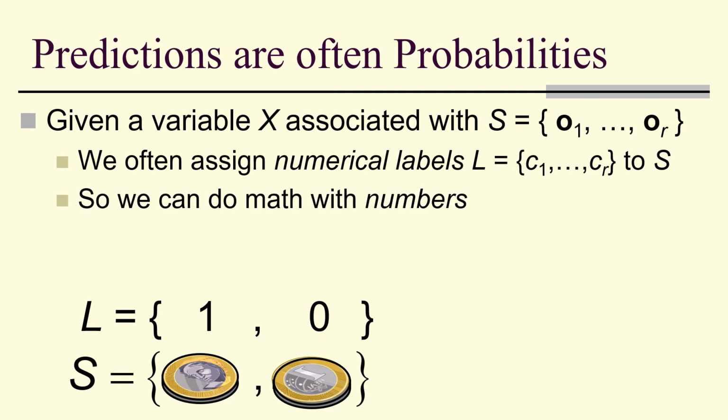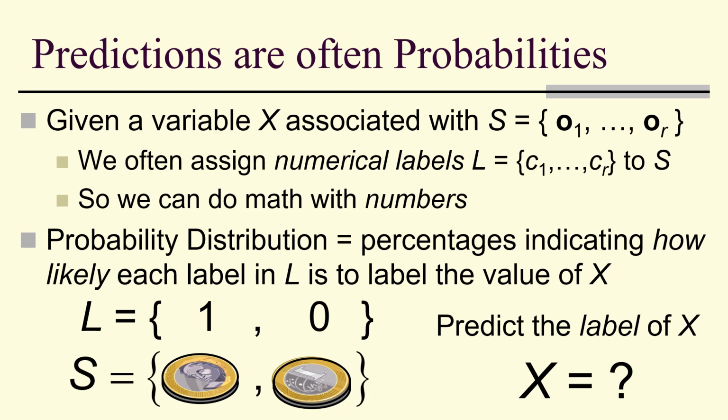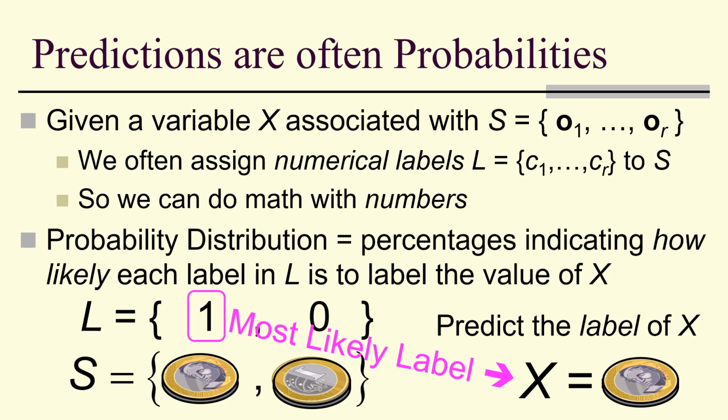We do this because we want to use math, and we do math with numbers. A probability distribution in this case is percentages indicating how likely each label in L is to label the value of x. So we want to predict labels of the values of x. The most likely label tells us what the value of x is.